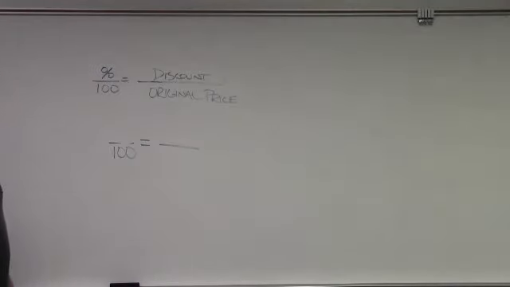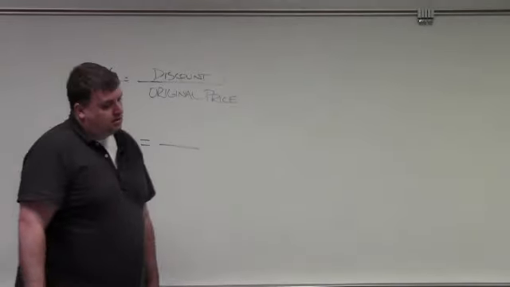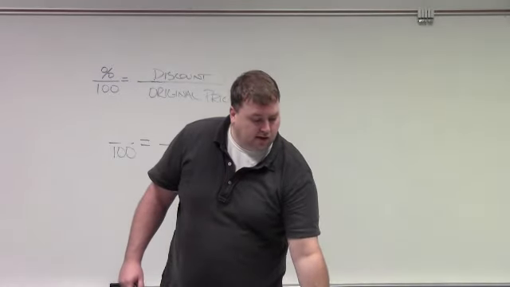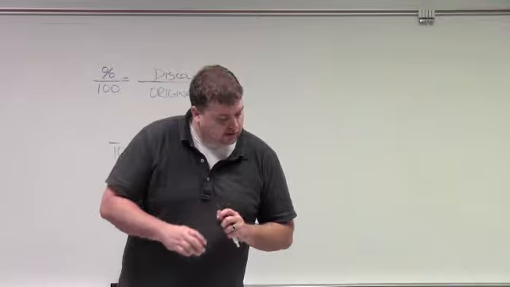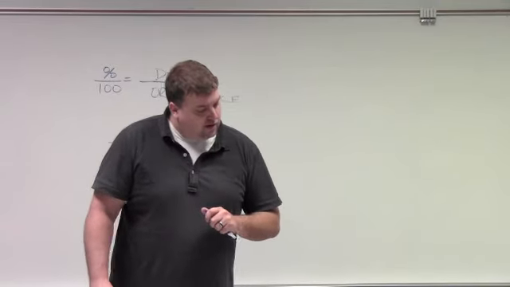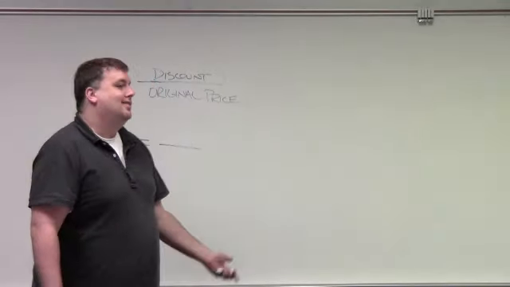Discount over the original price. So the first one says an air conditioner has a marked price of $350. It is placed on sale at 15% off. What are the discount and the sale price?